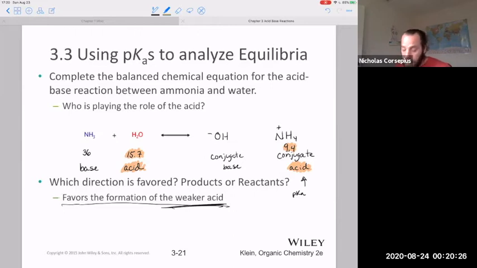So water is actually a weaker acid than the ammonium ion, so this reaction will favor the reactants. What exactly does that mean? Well, when we mix water and ammonia, yes, there might be some product formed, but the vast majority of those molecules remain reactants, ammonia and water. Only a small amount of ammonium and hydroxide are formed.